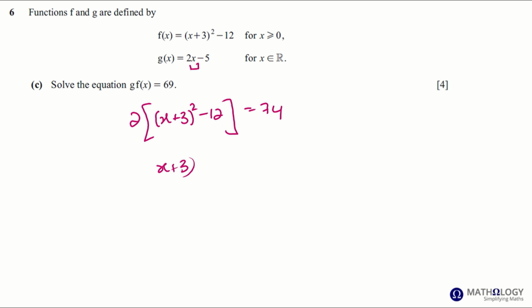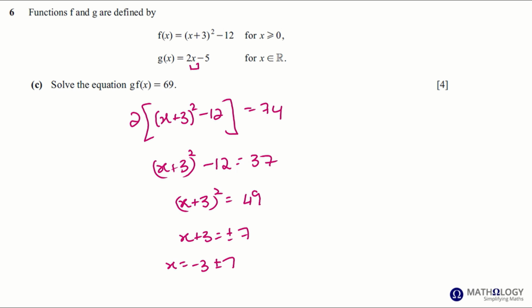So (x plus 3) all squared minus 12 equals 37, and (x plus 3) all squared equals 49. x plus 3 equals plus or minus 7, so x is minus 3 plus or minus 7. x is minus 3 plus 7, which is 4, or x is minus 3 minus 7, which is minus 10. Now, x has to be greater than or equal to 0, so we invalidate x equals minus 10, and the only solution is x equals 4.